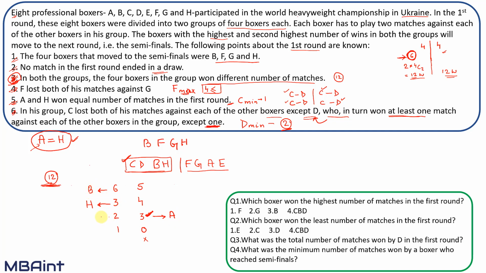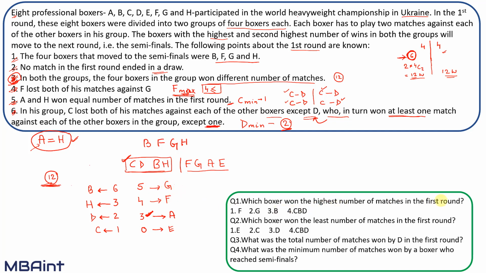We have seen that D's minimum is 2, so this would be 2. C's minimum is 1, so this would be 1. Now this is A, so this is definitely E, because E is also not getting selected. Now we know that the maximum value of F is 4, so this would be F and this would be G. Now we can answer all the questions.